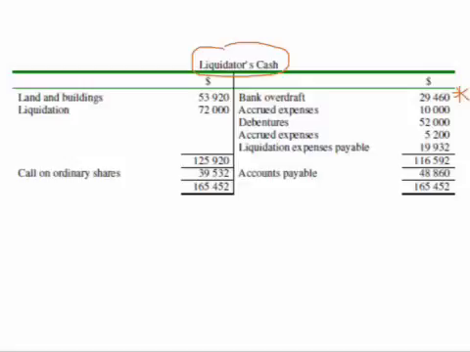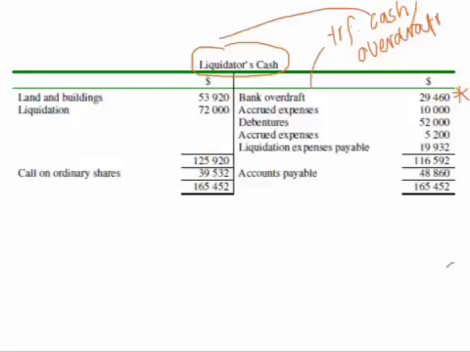So it would have been debit the bank overdraft, which sat with a credit balance, and then credit the liquidator's cash. Okay, so the first step regarding the liquidator's cash would be to transfer any cash balances or overdrafts. Of course, the cash would have been an adjustment to the debit side.